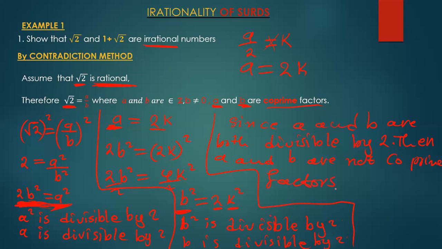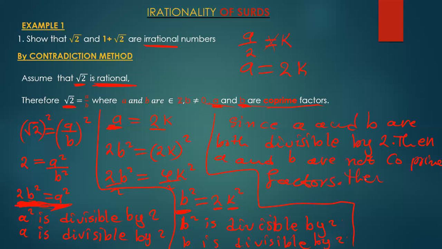Then if they're not co-prime factors, this implies that, then we can say, or you can just say hence the contradiction. Or if you want, you can write a statement saying then this contradicts with the fact that a and b are supposed to be co-prime factors.